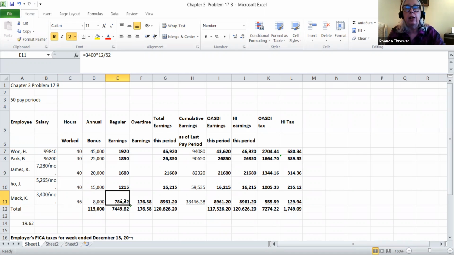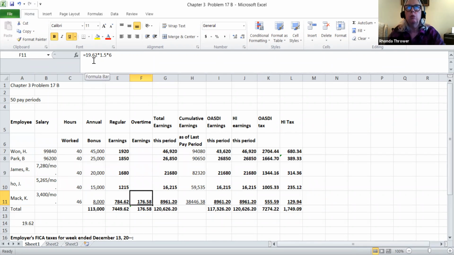Then you would divide your regular earnings by 40 hours, and that would give you the regular rate. Multiply the regular rate times 1.5, and then multiply it by 6 to get your overtime earnings.